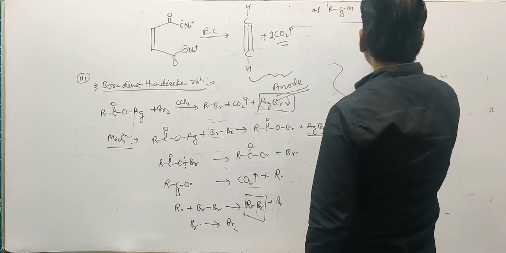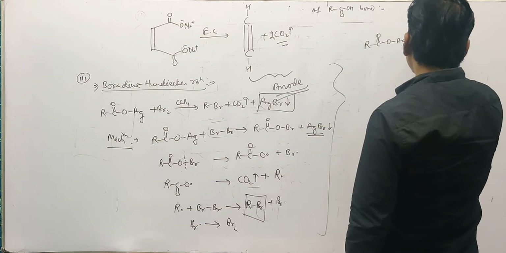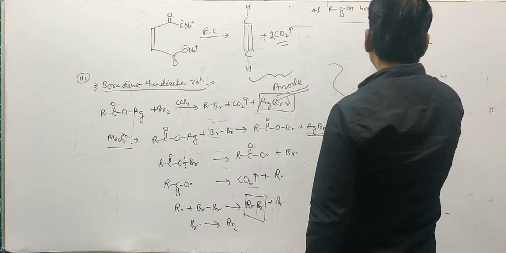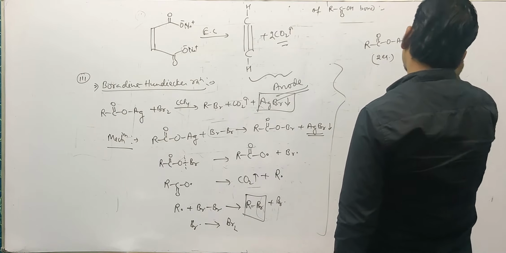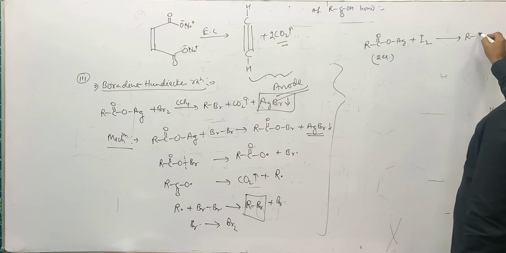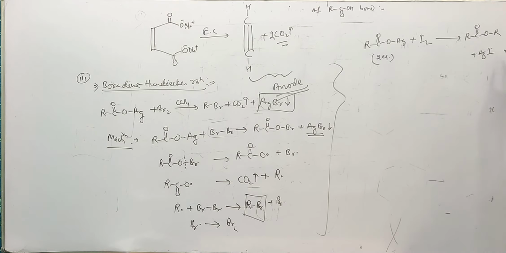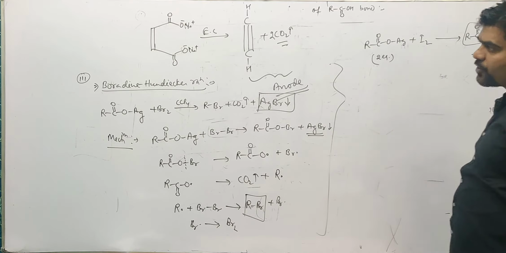So instead of bromine, if we take iodine and take 2 equivalents of silver salts of acid, what does it form? It forms the corresponding ester instead of the alkyl iodide, and the reaction is called the Birnbaum-Simonini reaction.